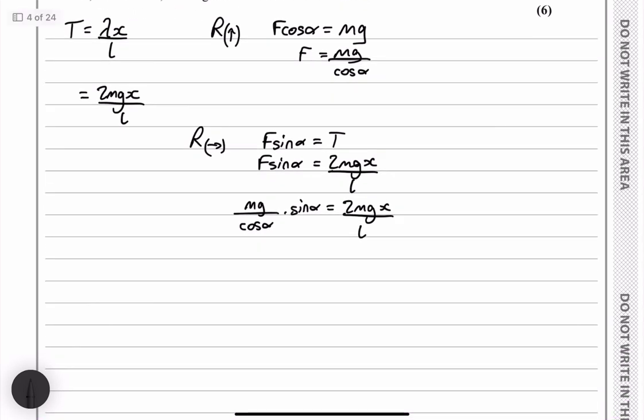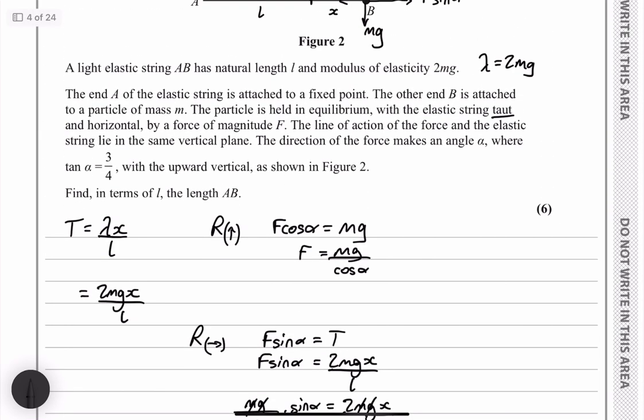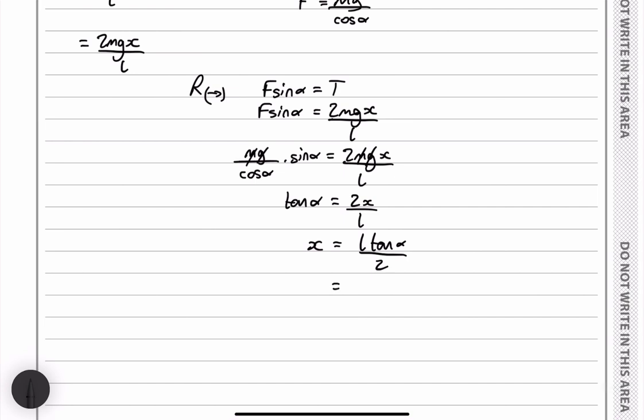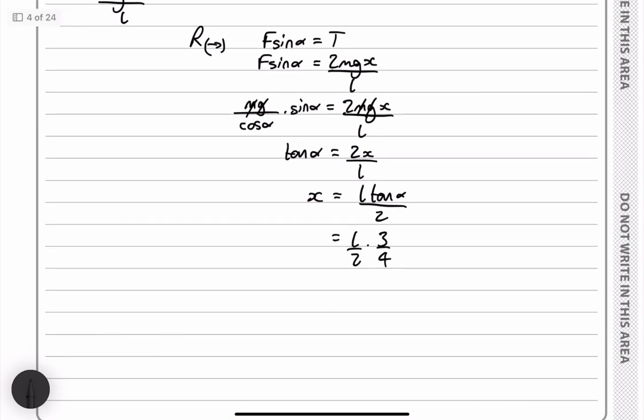So we've got sine over cos is tan alpha, we've also cancelled m and g, so that's 2x over L, so x is equal to L tan alpha over 2, and tan alpha we've been told is 3 over 4. So that is 3L over 8 for the extension.